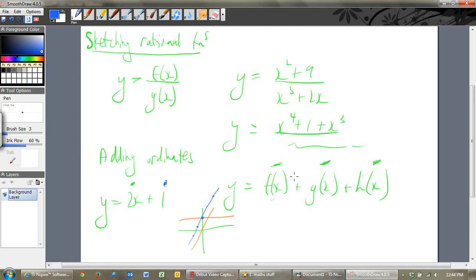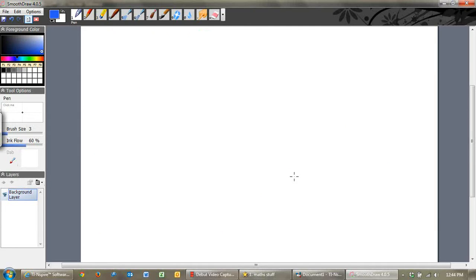So let's jump into an example, much easier to see, and I'll go through it more explicitly in class. Let's sketch y equals x to the fourth plus 1 over x squared. We want to break this up into its pieces.